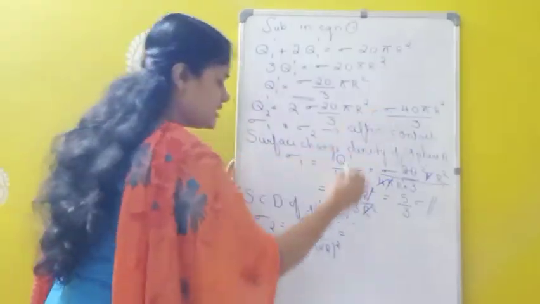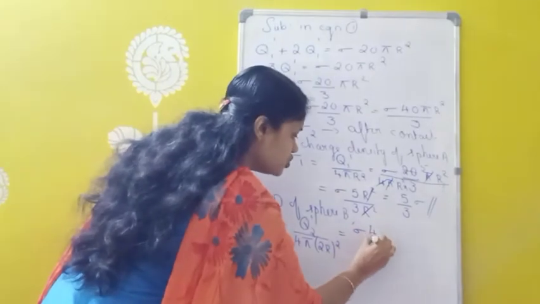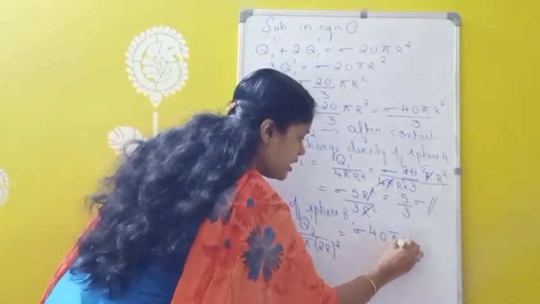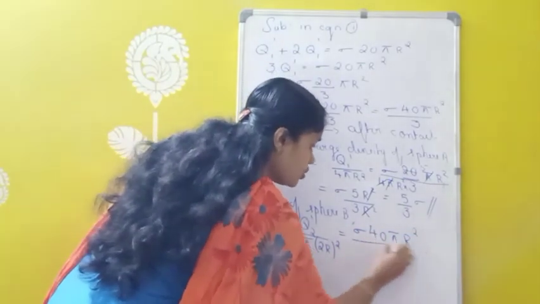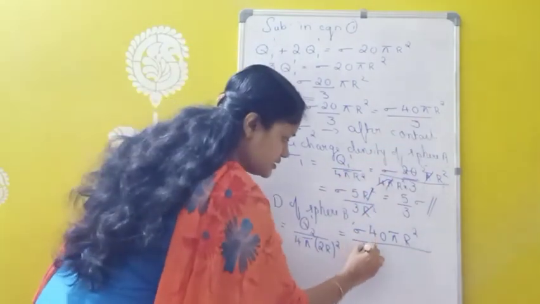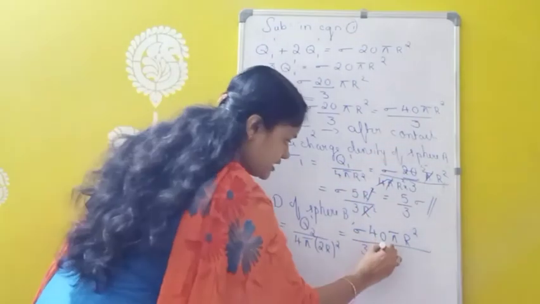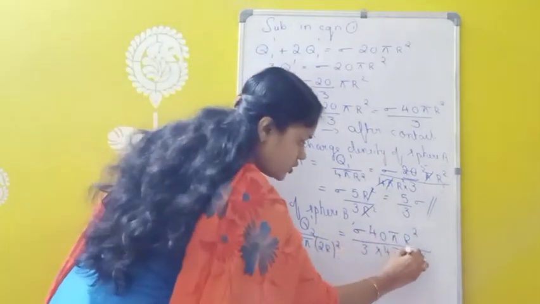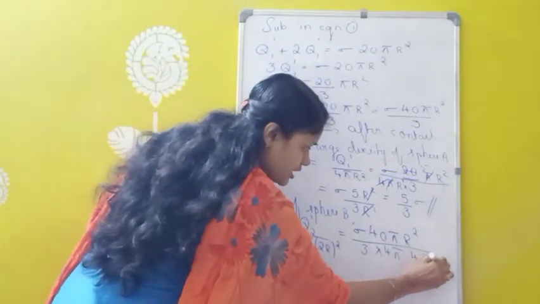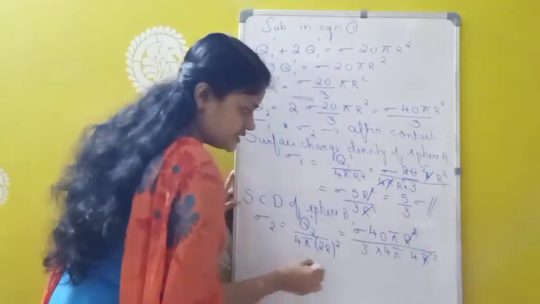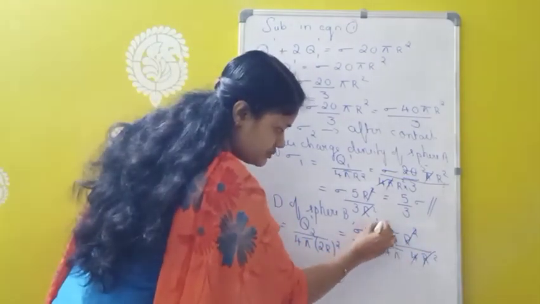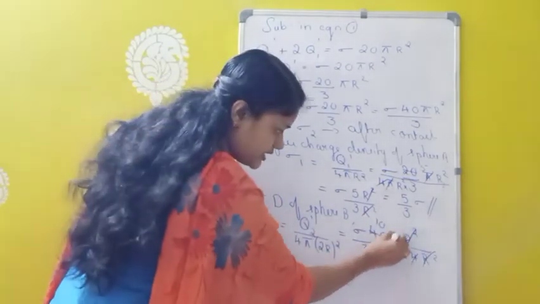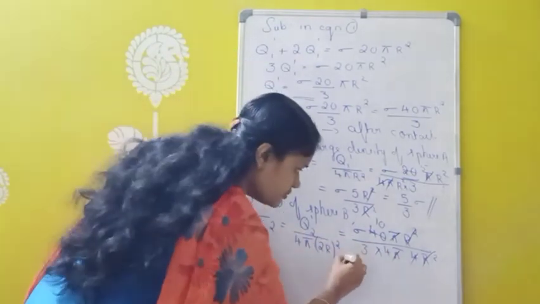We got the formulas. Sigma into 40 pi r square, the whole divided by 3, and remaining here we have 4 pi into 2r the whole square. That means 4 r square. So r square cancels. Here 4 and 40 give 10. Pi cancels.